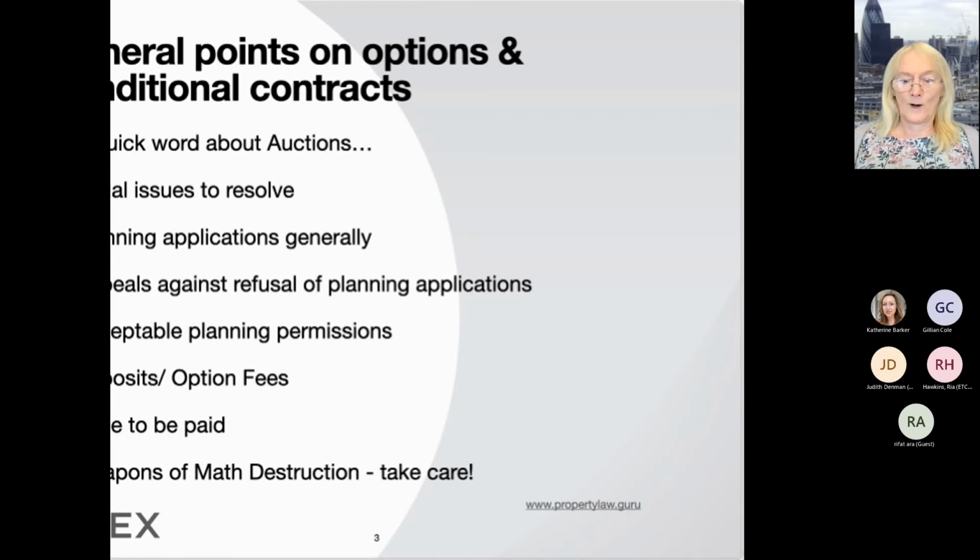And obviously, while the owner is owning the land, they can stop any work being done which would start it. But once they've sold the land and got the money, they frankly don't care.